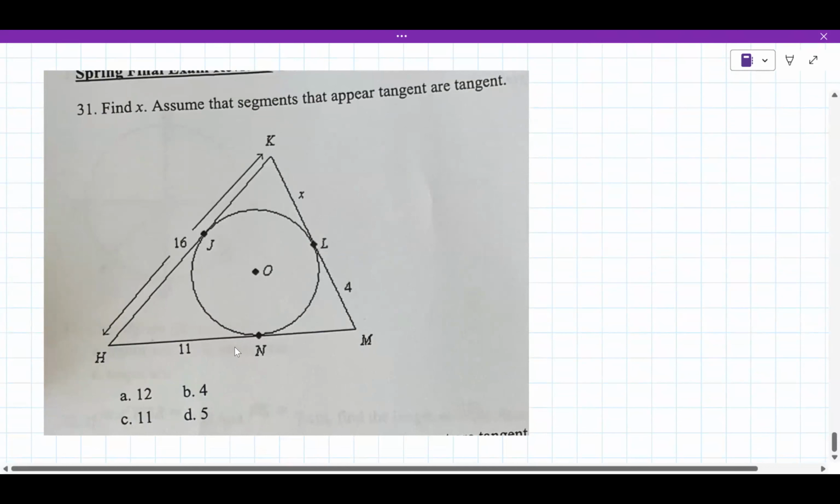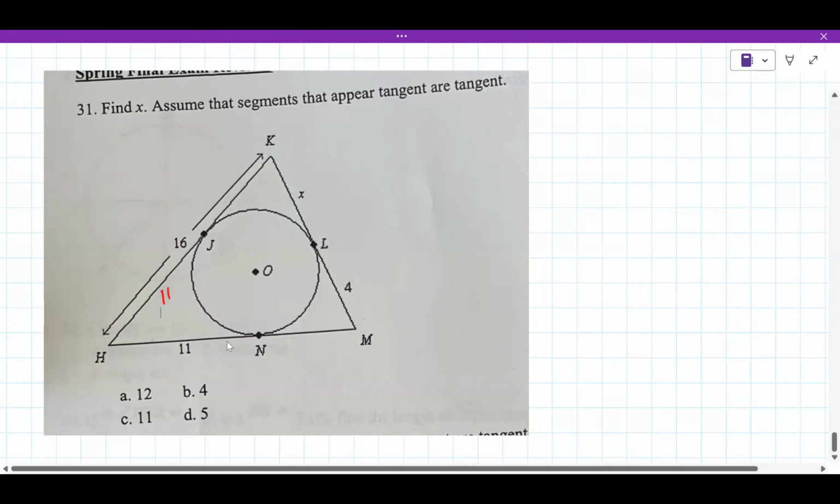No, no. So you're missing the point. Ignore everything else but HJ and HN. What is HJ? HJ is 11. H to J is 11. Hopefully you're going to see something now that will help you figure out the rest.